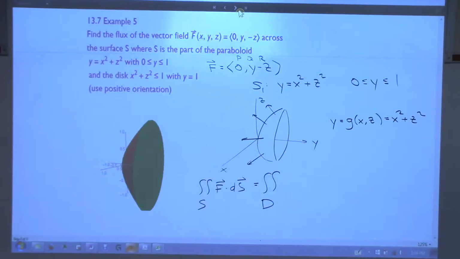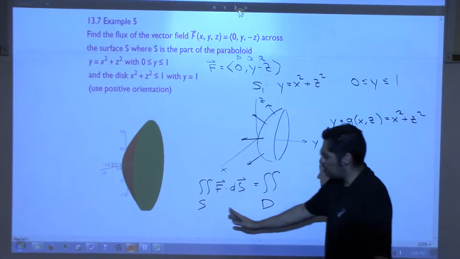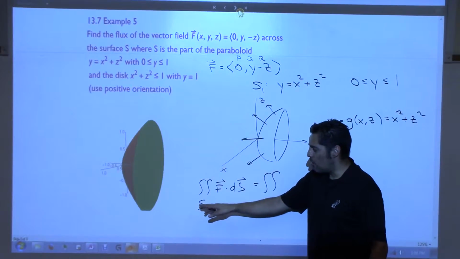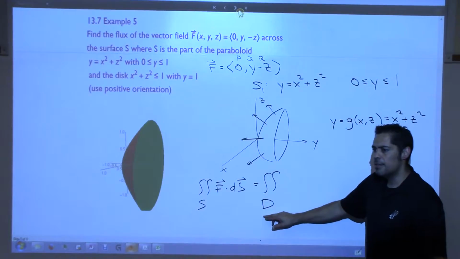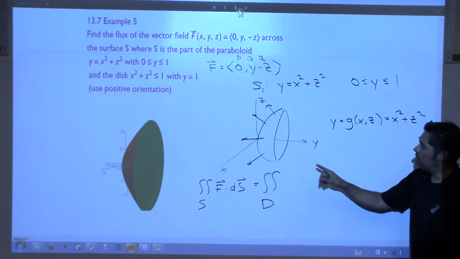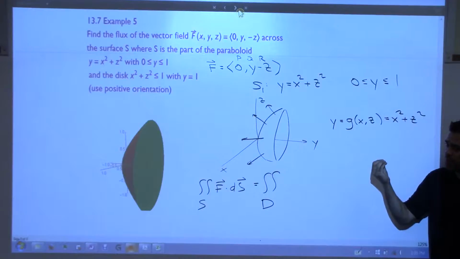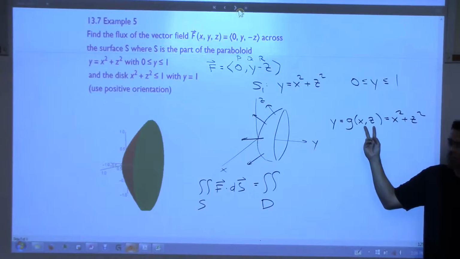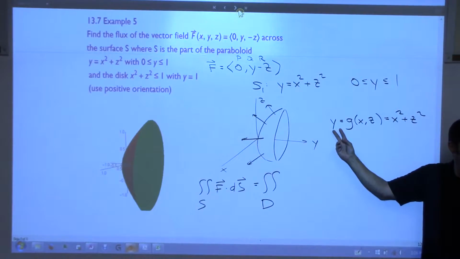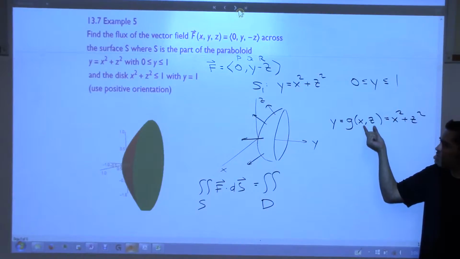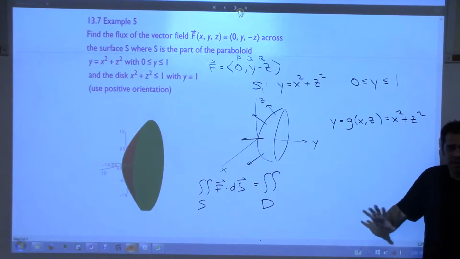No, that's our dS. We're switching our integration here from over the surface to over D. It's the circle, the actual constraints of the two variables that are controlling y. All right, so D is going to be our restrictions on x and z, which we have not addressed yet.